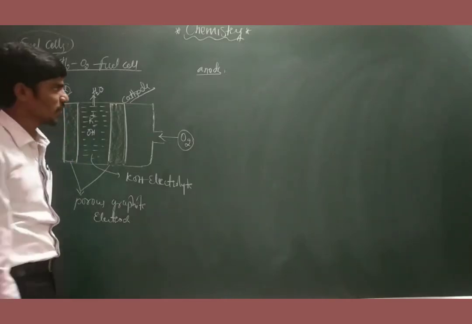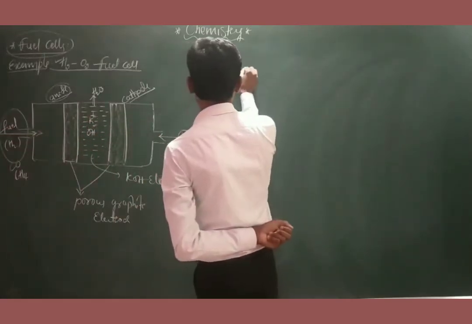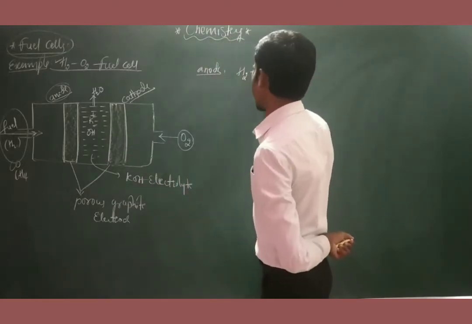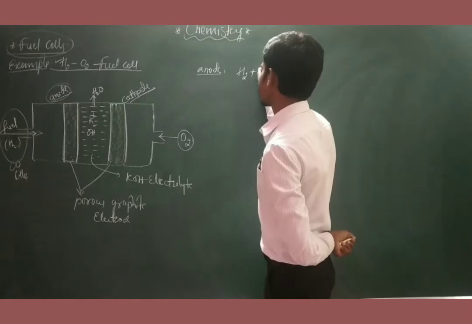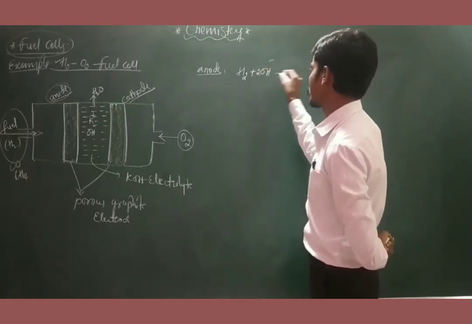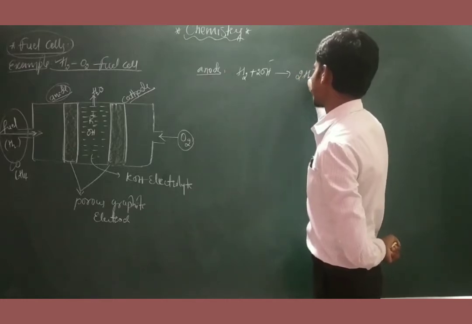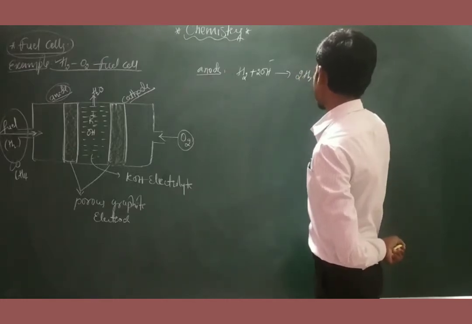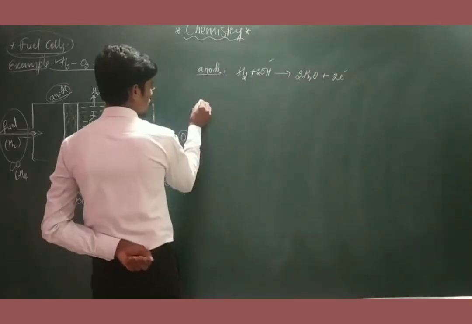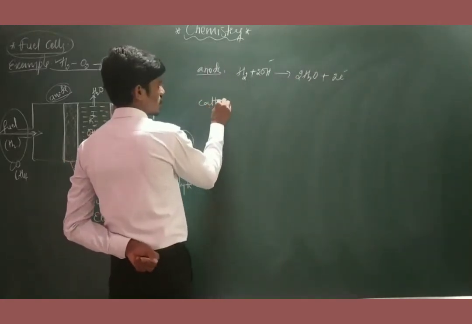Here we have taken hydrogen, H2. In the presence of the electrolyte, 2H2 plus 4OH minus gives rise to 4H2O plus the loss of 4 electrons; this is undergoing oxidation. Similarly, at the cathode means reduction.